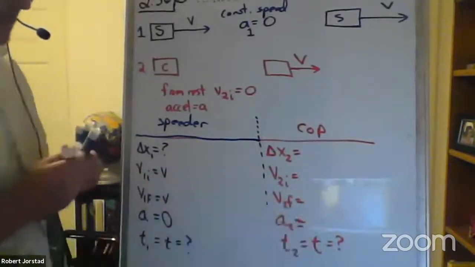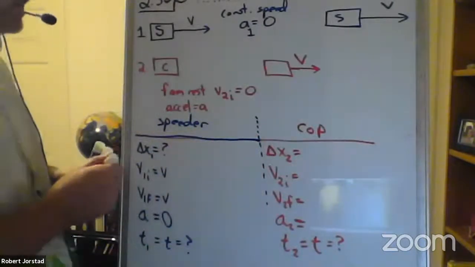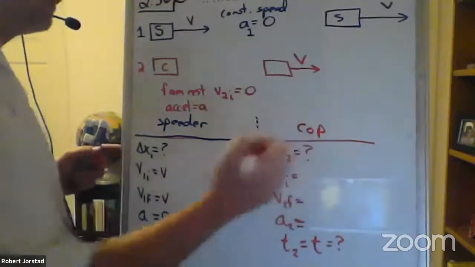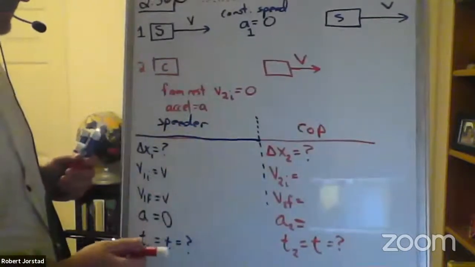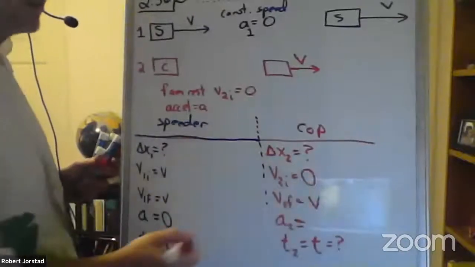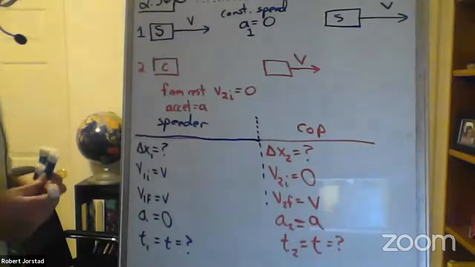All right. So over here, what do we know? Do we know delta x2? I don't think so. V2 initial is 0. It started from rest. V2 final, that was what we just spent so much time talking about. It's V, and A2 was just the value A. So now we can keep track.